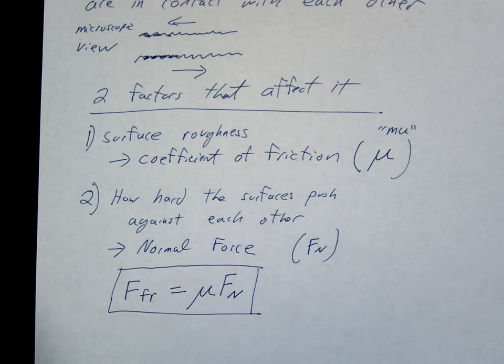And if I push down with another 100, now how much does the table have to push up with? 250, right? So that's what the normal force is: how hard the table pushes back up. The more force you push down, the more force it has to push back up. It's a reactive force.